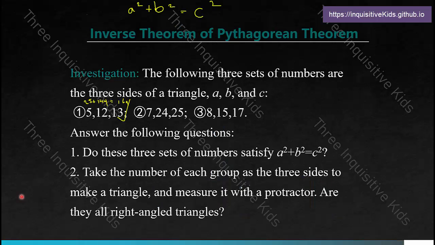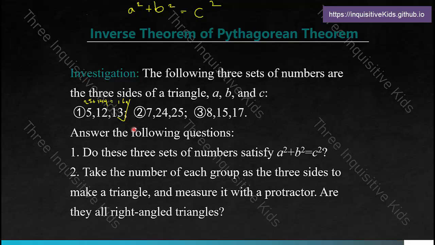And to take the numbers of each group as 3 sides to make a triangle and measure it with a protractor, we cannot measure it on a screen, but if you can grab a piece of graph paper, make a triangle with sides of 5 units, 12 units, and 13 units.